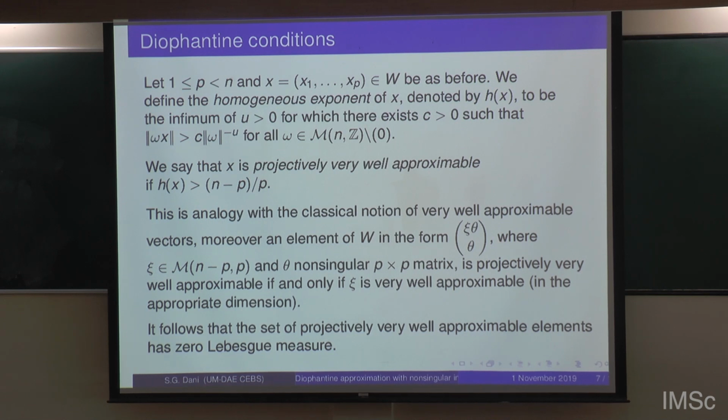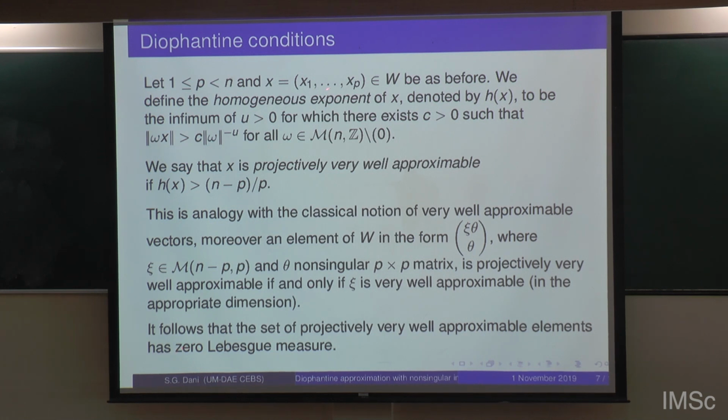The set of numbers which are very well approximable is a set of Lebesgue measure 0. Similarly, when you take vectors or matrices which are very well approximable, that is a set of measure 0. And with the correspondence that I mentioned, that also tells you that the set of vectors which are projectively very well approximable is a set of 0 Lebesgue measure.